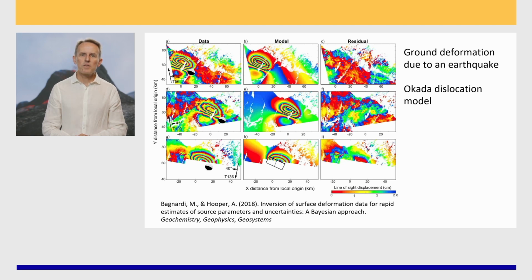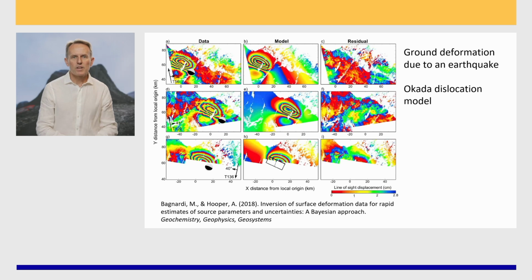For earthquakes, the model has a fault plane and slip on the fault, but no opening. There are 9 free model parameters to fully describe it: 3 for the location of the central point of the fault plane, 4 for the direction and tilt of the plane and its dimension, and 2 for the slip.